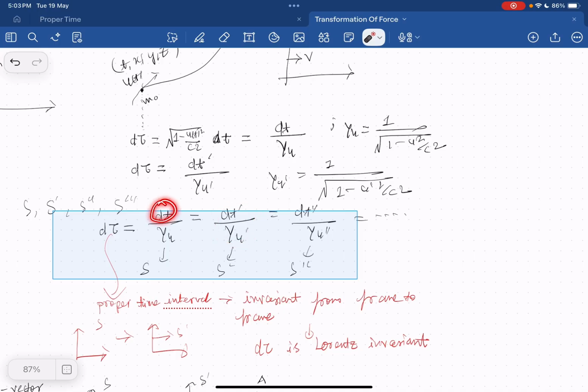The coordinate time interval and the gamma change from frame to frame, but their ratio remains the same, which is the proper time interval.